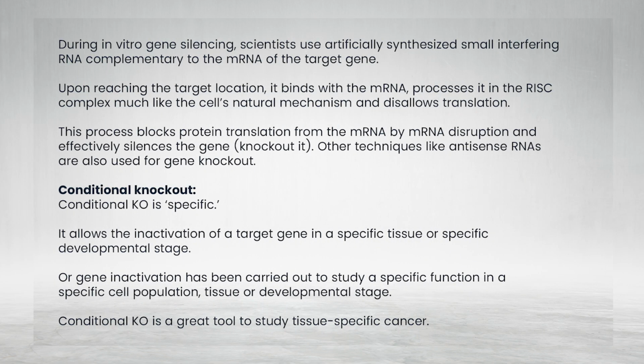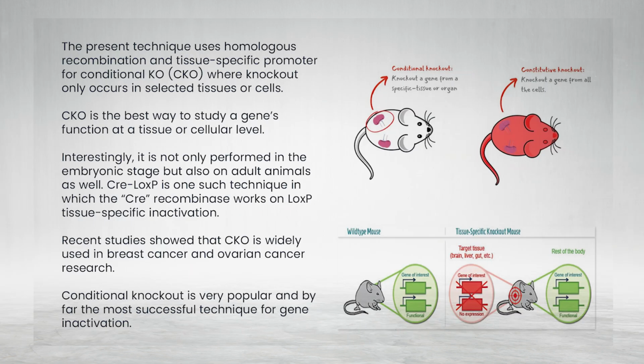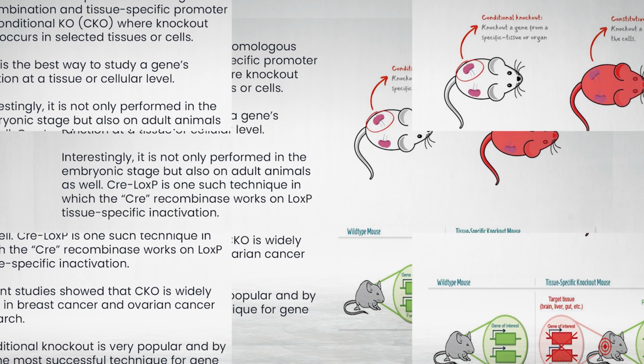Conditional knockout is a great tool to study tissue specific cancer. The present technique uses homologous recombination and a tissue specific promoter for conditional knockout, where knockout only occurs in selected tissues or cells. CKO is the best way to study a gene's function at a tissue or a cellular level.